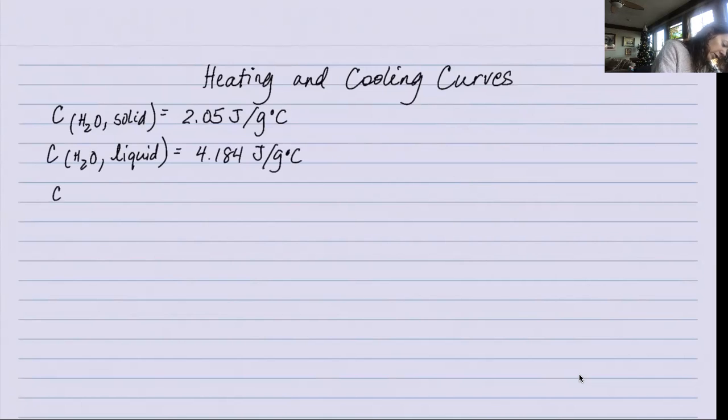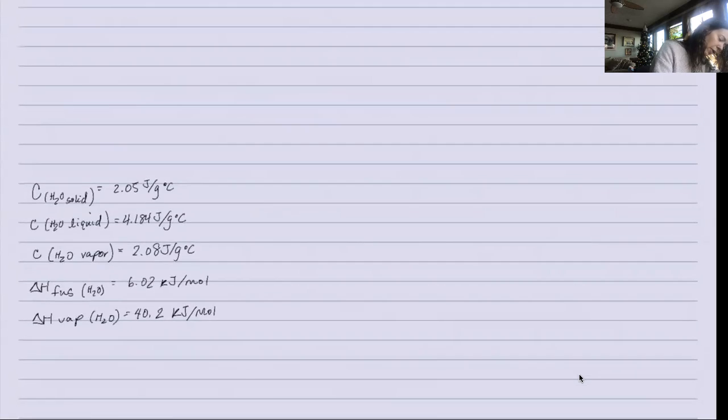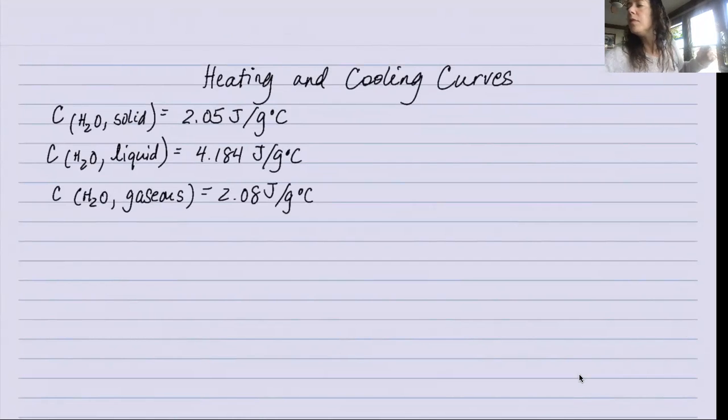And we'll talk about the specific heat of water in its gaseous or vapor form, and that is 2.08 joules per gram degree Celsius. Very similar to the solid. We also have a new term.